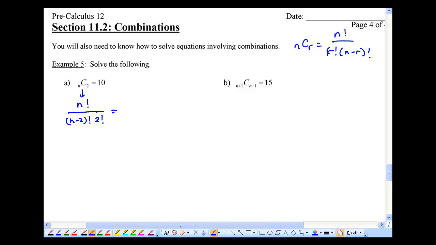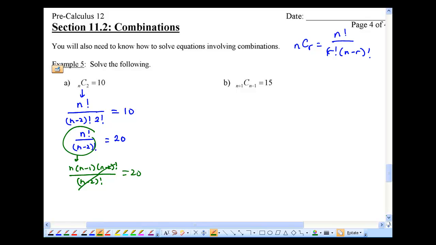Equals 10. 2 factorial is just 2, so I'm going to simplify this, and put the 2 on the other side, so 10 times 2 is 20. We know this can be simplified. You should know how to do that from last time. That's n times n minus 1 times n minus 2 factorial. So notice the n minus 2 factorials cancel out.